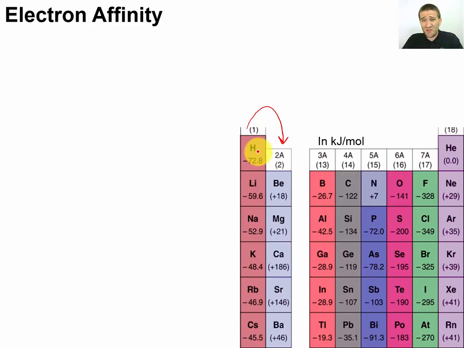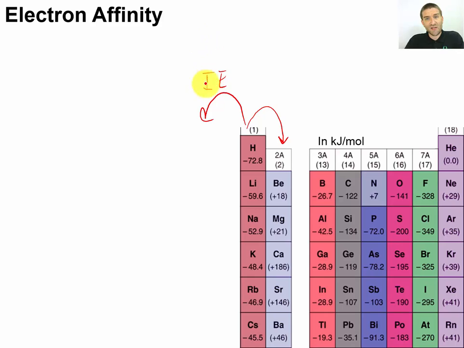That also means, though, we have to balance how good they are at getting an electron with how good they are at giving one away. In other words, their ionization energy. If their ionization energy is dramatically bigger in magnitude, let's say, that way we're not paying attention to the sign for a moment. If it's better at giving up an electron, then it's going to do so. If it's good at both, but it's better at taking one away from something else, then it's probably going to end up taking one away.